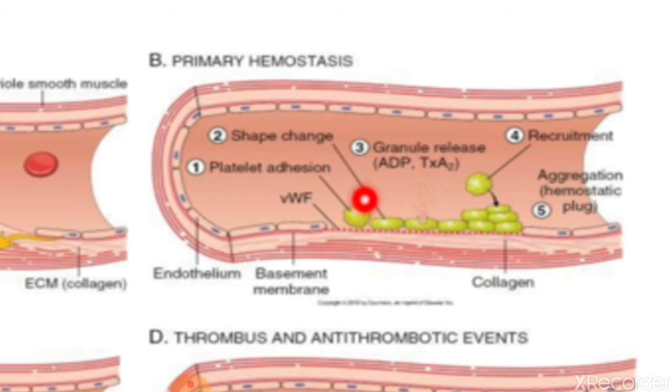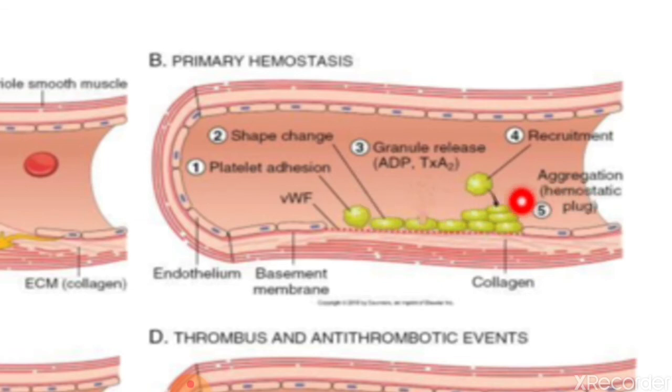And one of these granules, which are present in the platelet and are secreted when the platelet is activated, is serotonin, which causes vasoconstriction of the smooth muscle. And the other is adenosine diphosphate, which activates more and more platelets to come to the site of injury, causing what we call aggregation of the platelets.